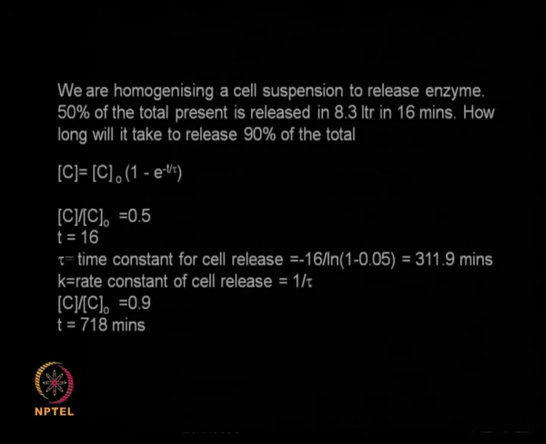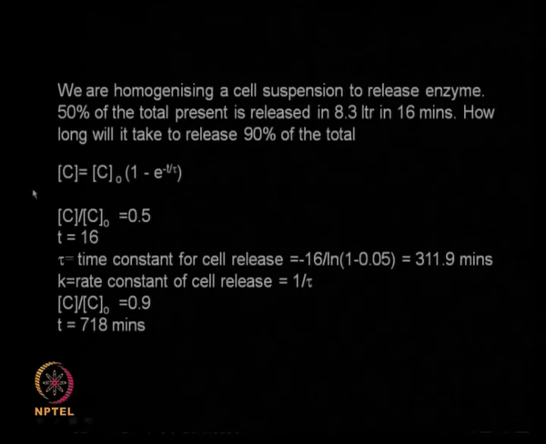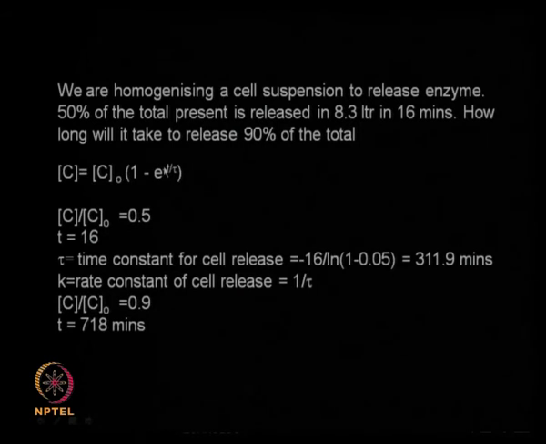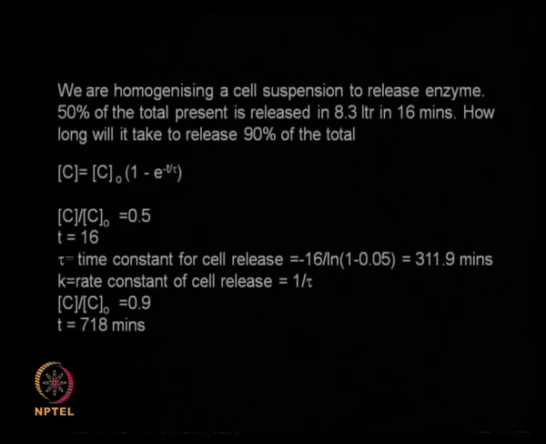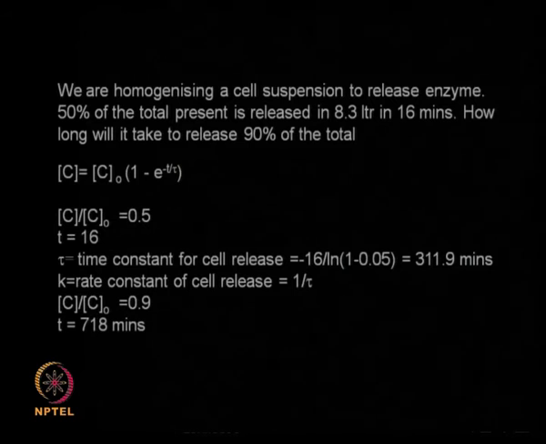Why is it so? Because we are assuming a first order type of relationship. Because it is exponential, it moves slowly as you go further and further; as you reach 90, 92, 95, 98, the time taken will be very large. So it may be easy to collect the sample in smaller quantity, whereas if you are interested in collecting the entire quantity you may have to wait for a very long time and it might not be very economical.